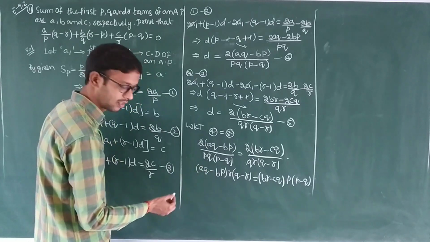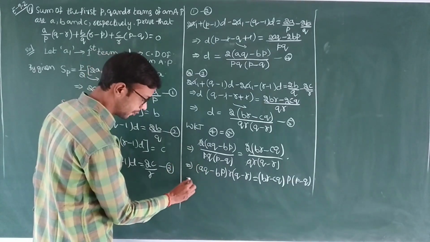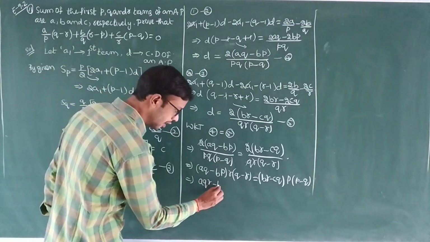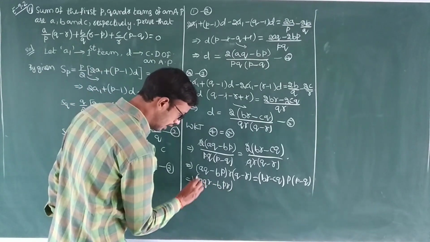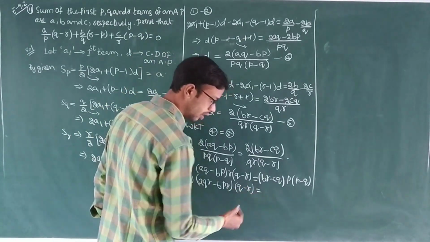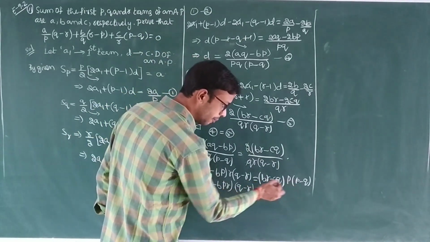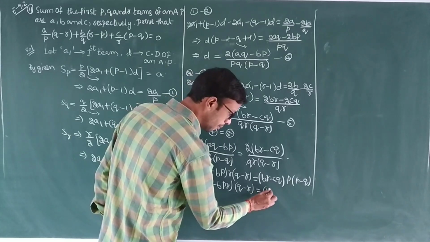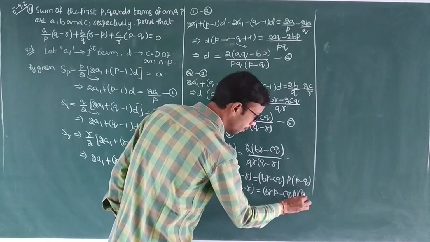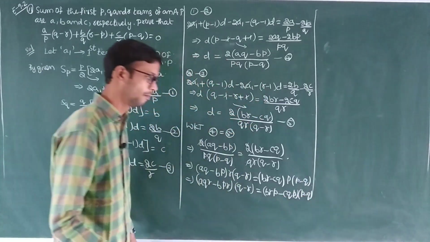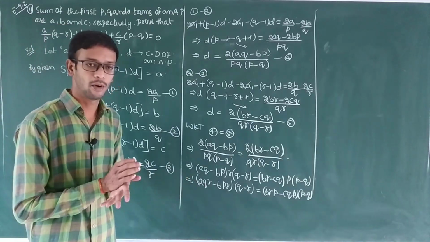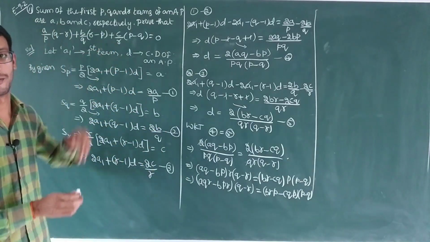R multiplied inside, what will we get? AQR minus BPR into Q minus R is equal to, here P multiplied, BRP minus CQP into P minus Q.